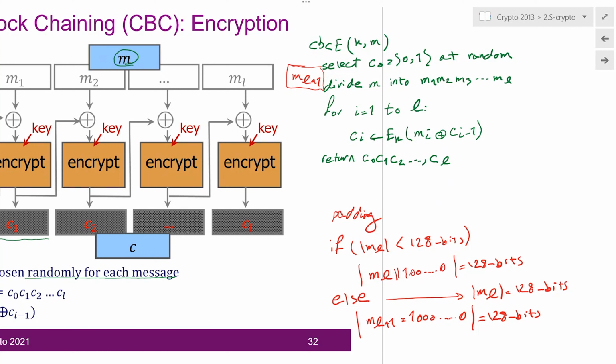So in this scenario, the recipient would remove an entire block, and that is going to be enough for him to know that no matter if we need padding or we don't need padding, there is no ambiguity for the recipient about whether we have added padding or not, where our padding starts, when it ends, and so on and so forth. Okay, is that clear?